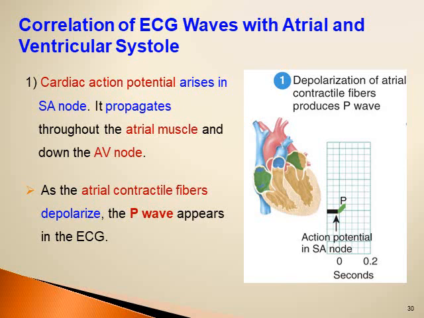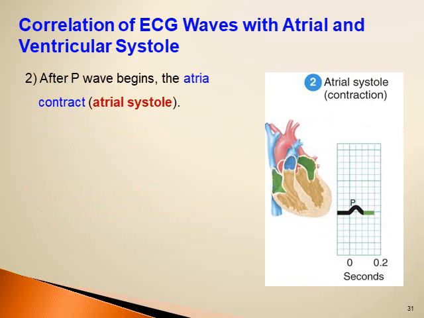So the P wave represents depolarization of the atrial contractile fibers of both atria, the right and left. After the P wave begins, the atria will contract. So we can predict that during the P wave, or a short time after the start of the P wave, there is atrial systole going on.